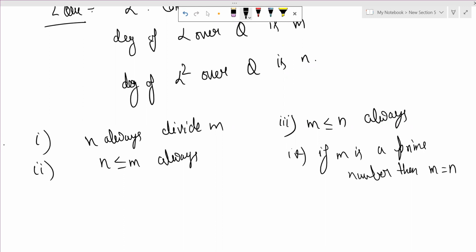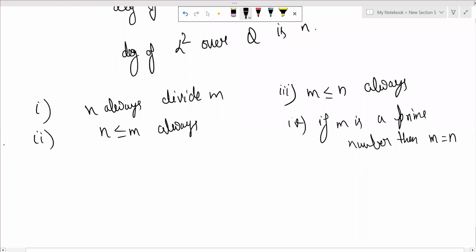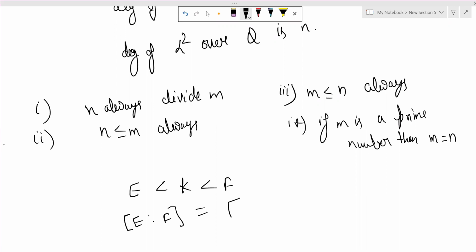So how will you do this? The degree of alpha over Q is m and the degree of alpha square over Q is n. So which will be greater? You know this formula basically. If E, K, F is a tower of extensions, then the degree of E over F is equal to the degree of K over F times the degree of E over K. You know this formula.